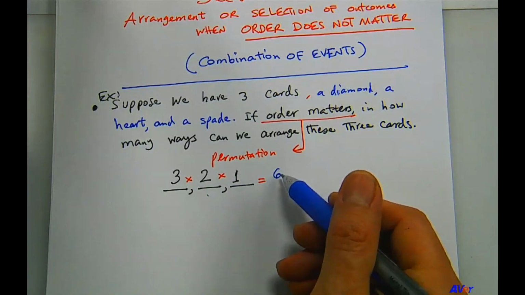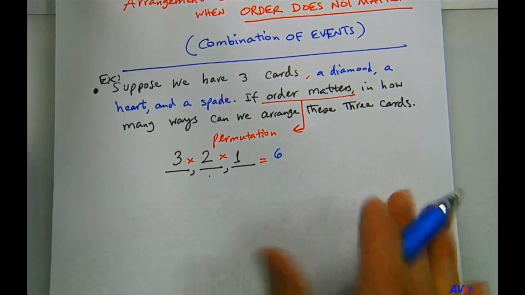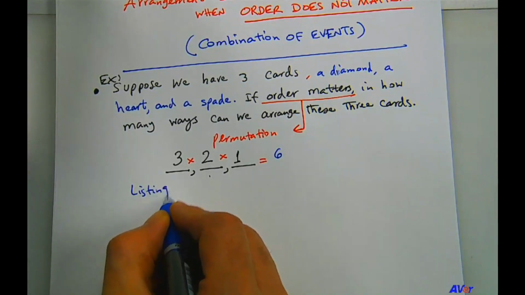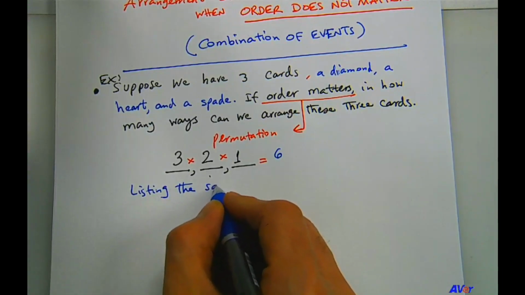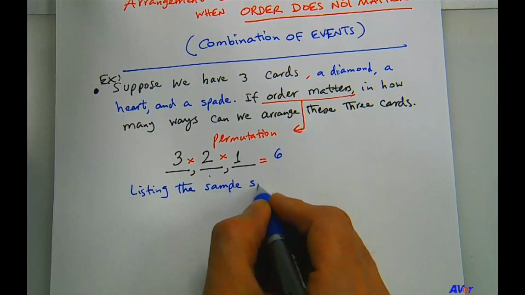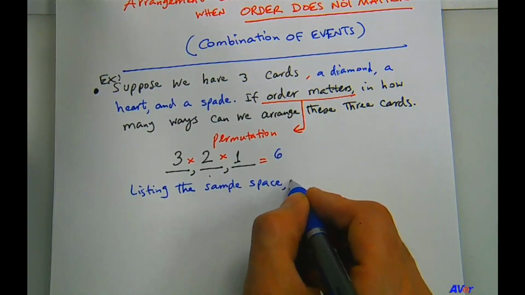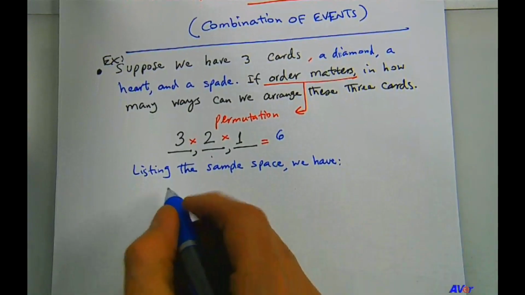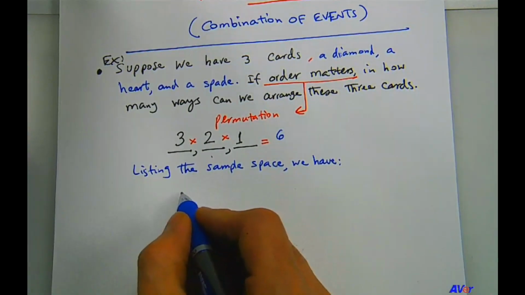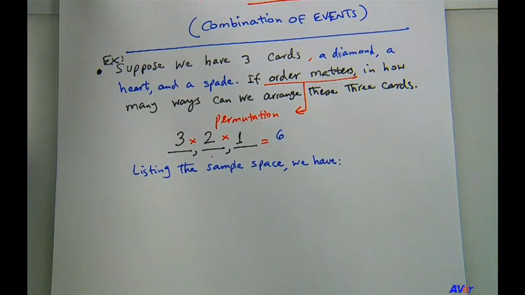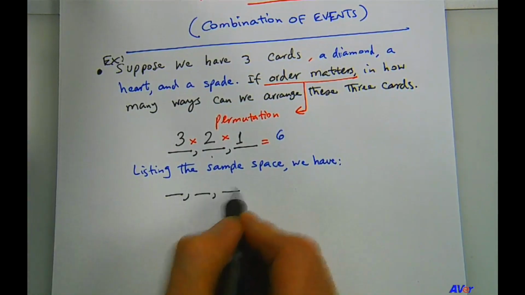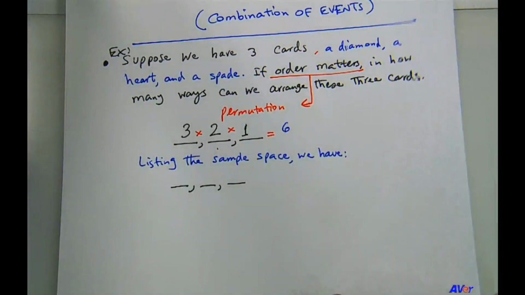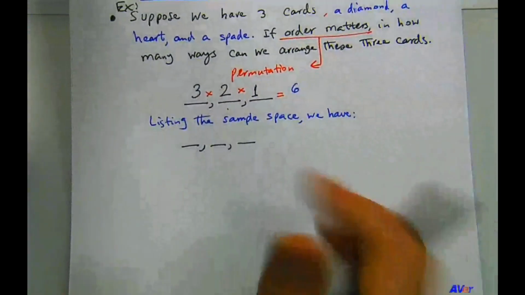So let's list this. Listing the sample space, let's just draw it like a diagram. We would expect to have 6 possible ways of arranging these, right?